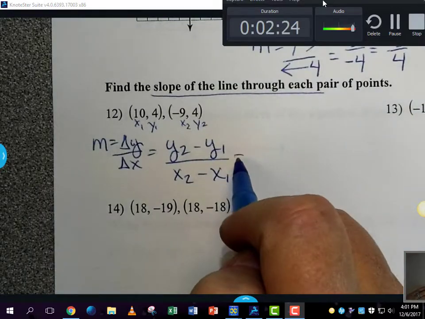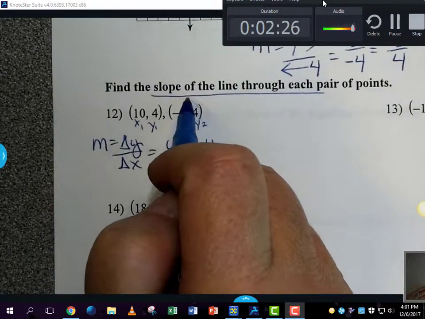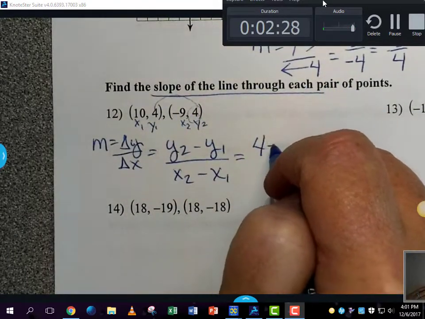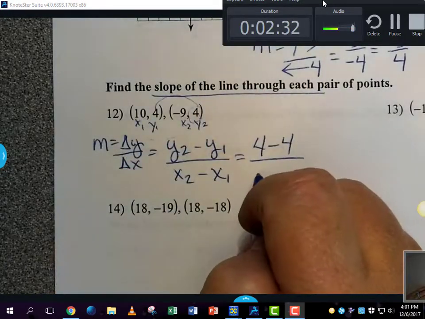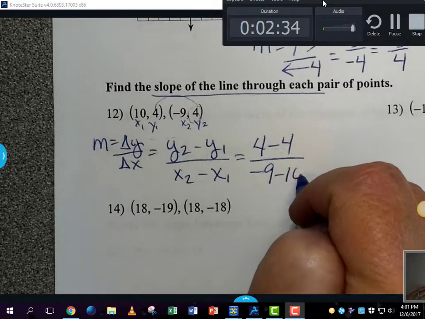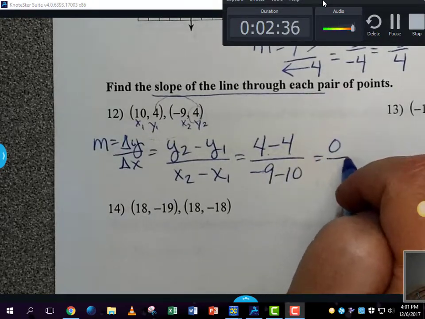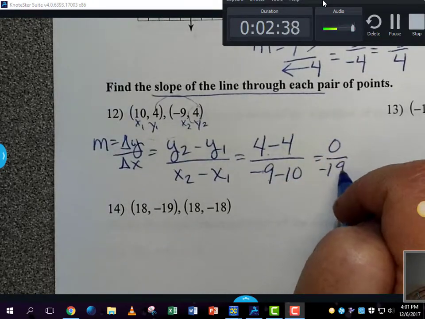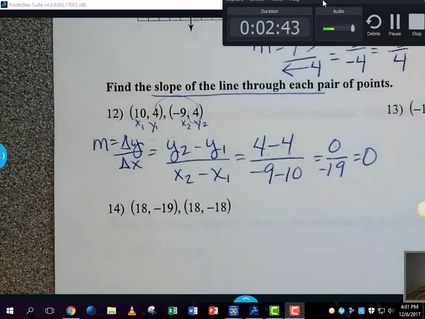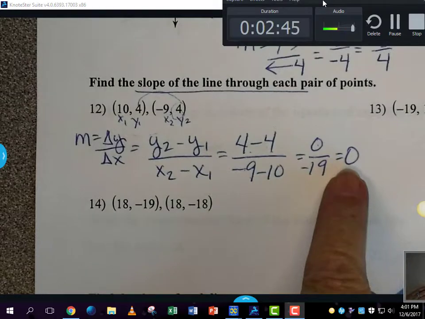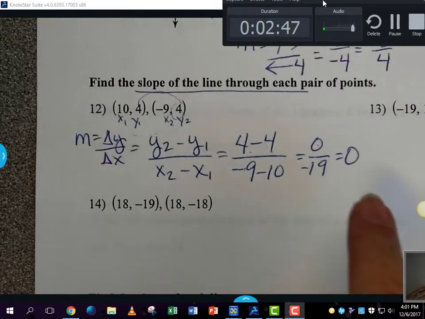So I'm going to have 4 minus 4 divided by negative 9 minus 10. 4 minus 4 is 0, negative 9 minus 10 is negative 19, but it doesn't matter because 0 divided by any number is 0. And this is simplifying, and you need to simplify.